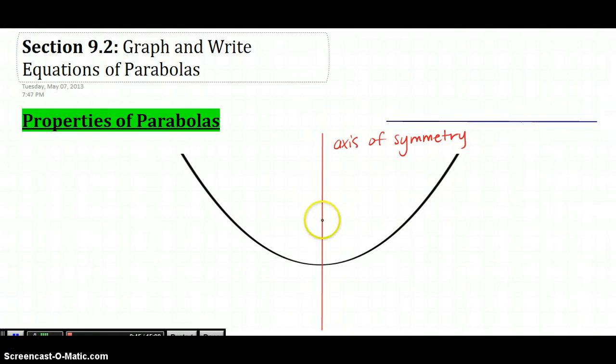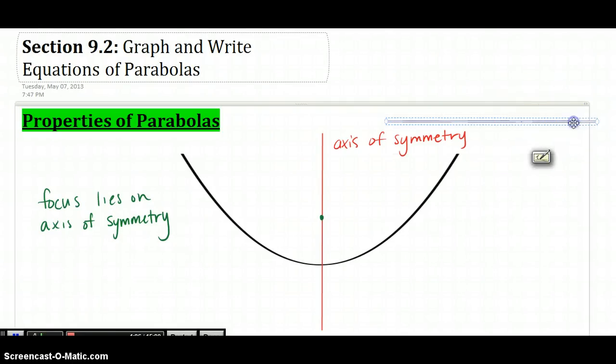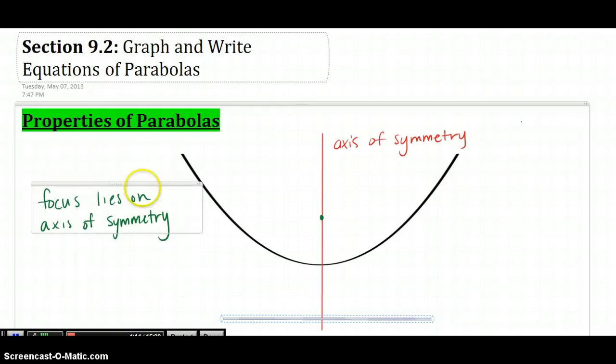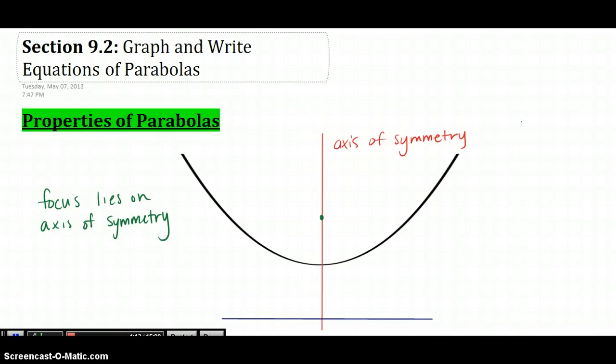And now I'm going to label two things simultaneously. There's a point on your axis of symmetry called a focus. The focus lies on the axis of symmetry. And with that, there is a line on the other side of your parabola called a directrix.